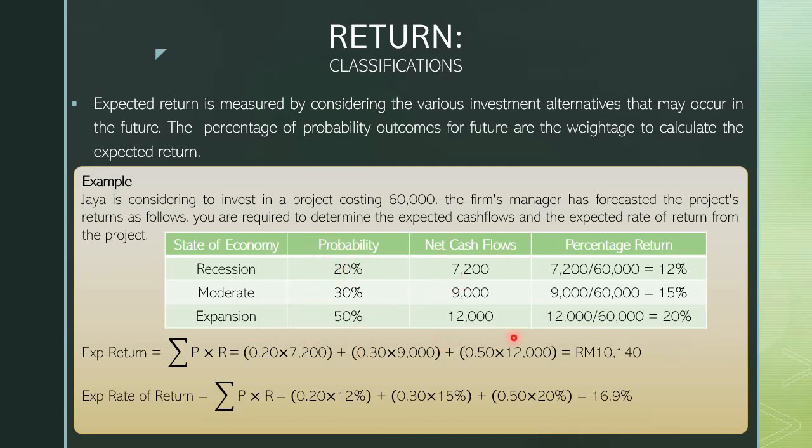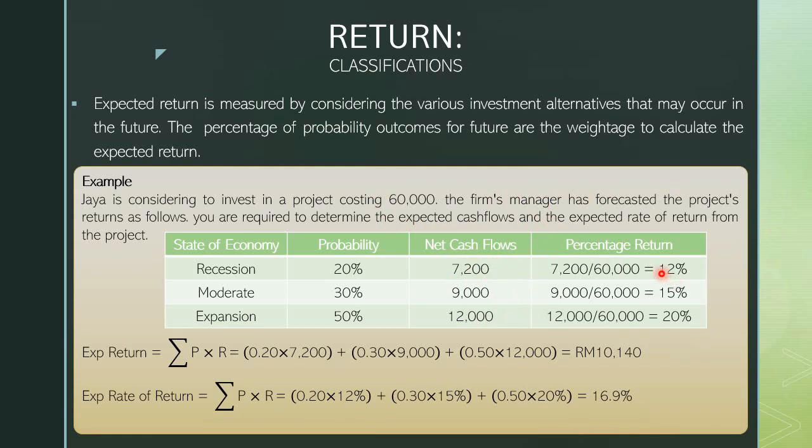And then they give you the return if the economy is facing recession. The return is only 7,200. But if next year's economy is in expansion, then the project might give you 12,000. Okay. So since the question wants you to have the cash flow in terms of absolute value and also the return in terms of percentage, you need to convert this into the percentage form.